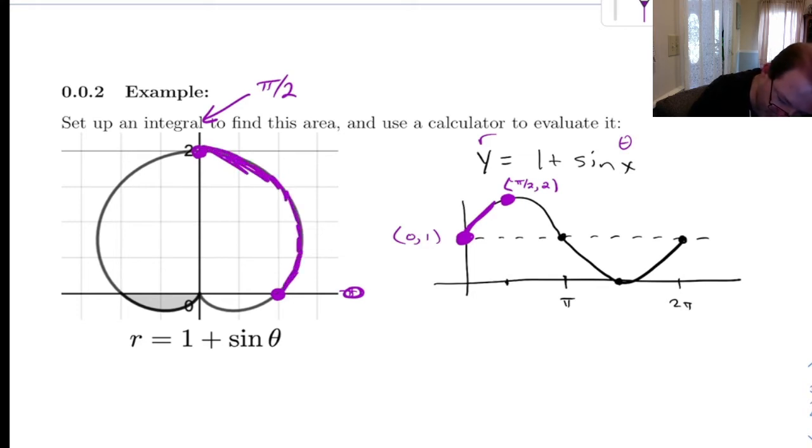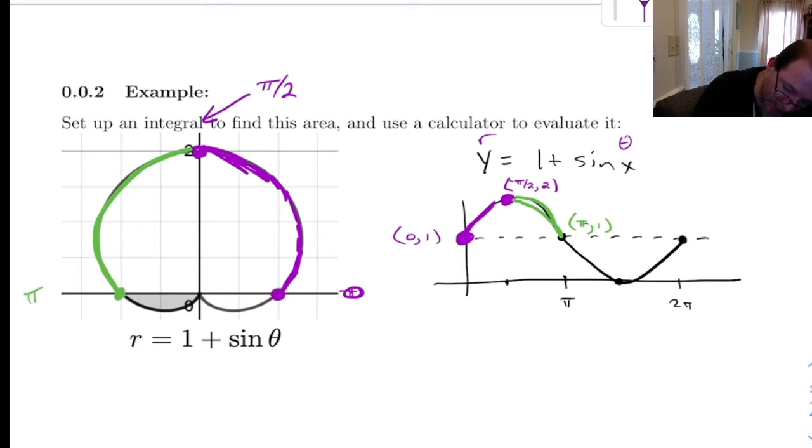Now this next bit I'm going to do in green. That goes from pi over 2 to this point, which is (pi, 1). That's right here: the angle pi and the distance 1 from the origin. And it's this next bit that we're really interested in.